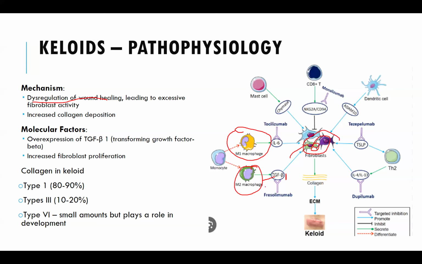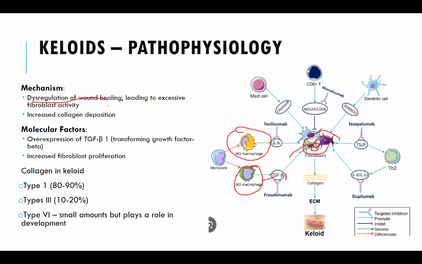And we know for sure that if you're laying down collagen fibers, and then when you reach the phase of remodeling you cannot break them down, that means that you will have an excess. So this is a dysregulation between production of collagen and destruction of collagen.